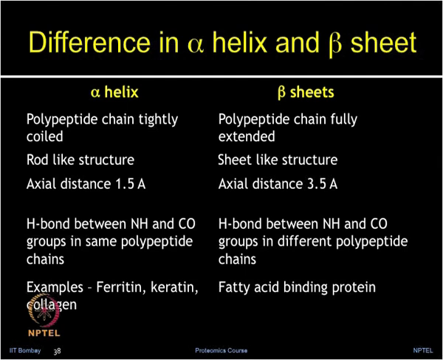In alpha helix, hydrogen bonds form between NH and CO groups in the same polypeptide chain, whereas in beta sheet they form between different polypeptide chains. Alpha helix examples include ferritin, keratin, collagen, etc. In beta sheet, an example is fatty acid binding protein.